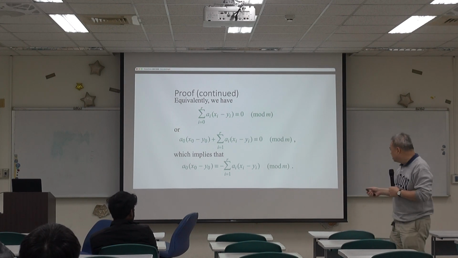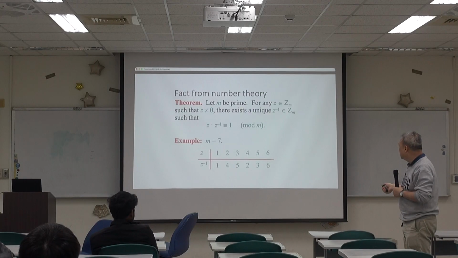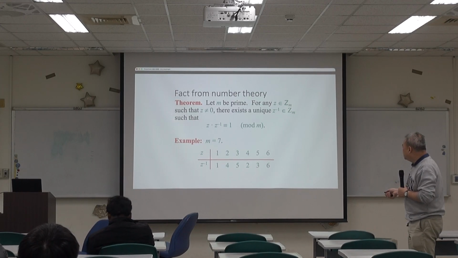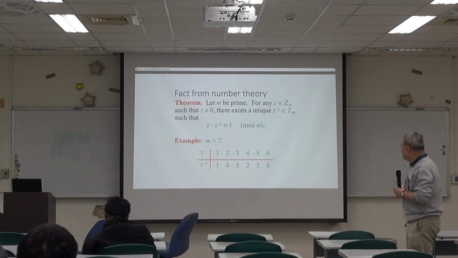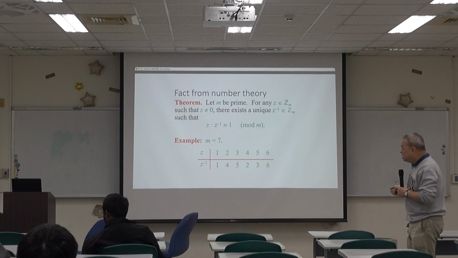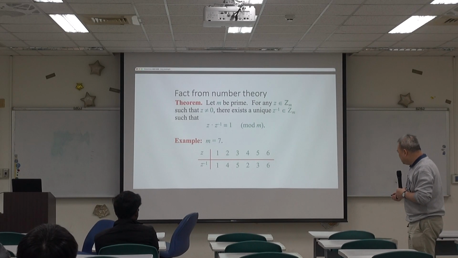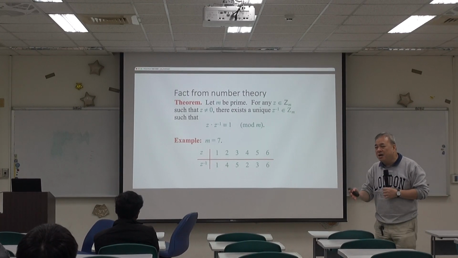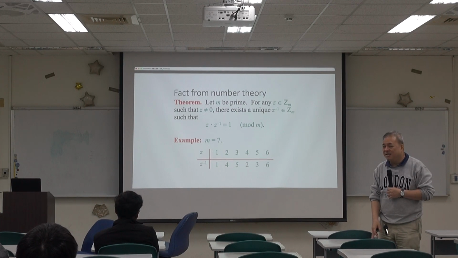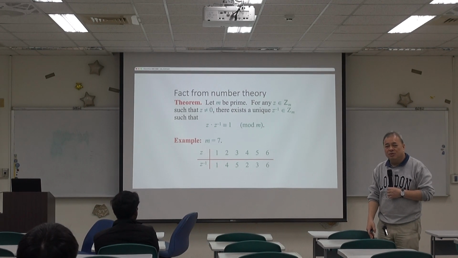Here's the catch. We have a theorem: let n be prime. For any z such that z is not 0, there exists a unique inverse such that z times z inverse is equivalent to 1 mod n. We know that from your discrete math. I hope you still remember.